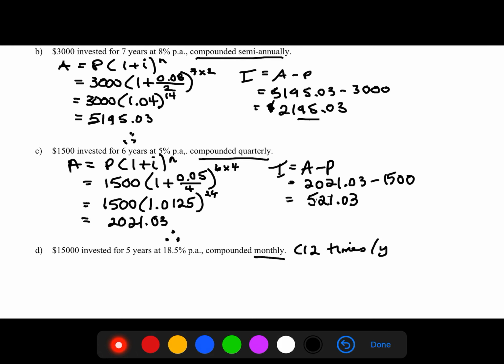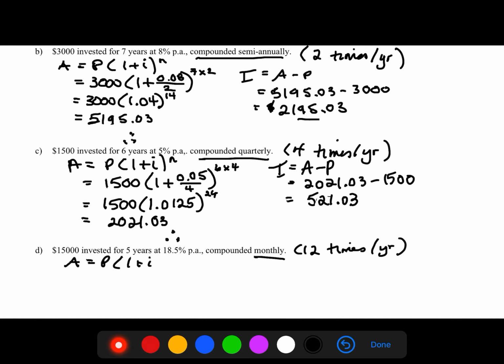And our last one here, we have $15,000 invested for 5 years at 18.5% compounded monthly. So 12 times a year. Okay, quarterly 4 times per year. And semi-annually is 2 times per year. And we have to adjust appropriately.